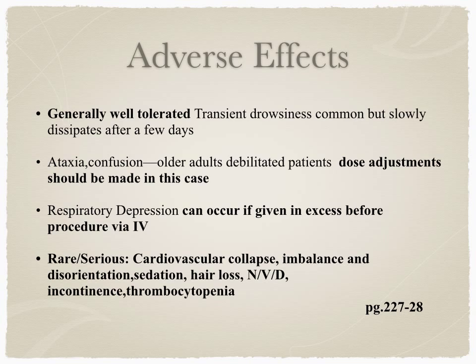Patients may also experience respiratory depression, and this can occur if it is given in excess before a procedure through the IV. There are many rare but serious side effects of this drug, and some of them are cardiovascular collapse, imbalance, and disorientation, sedation. The patient may experience some hair loss, nausea, vomiting, or diarrhea, incontinence, and thrombocytopenia.